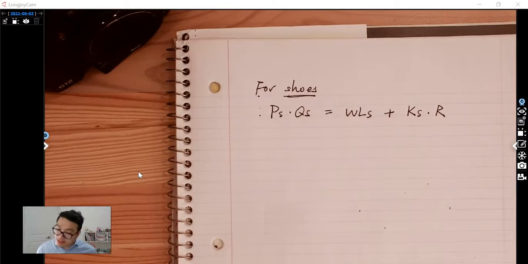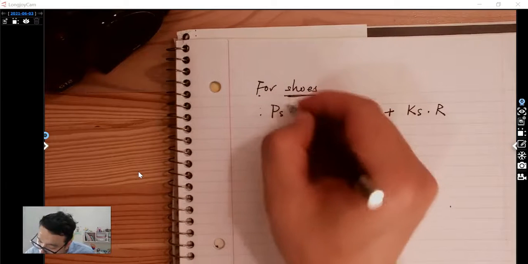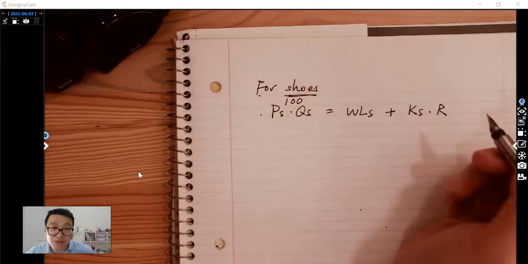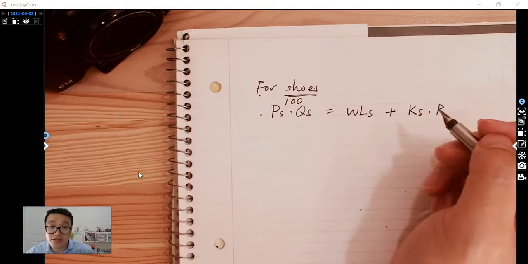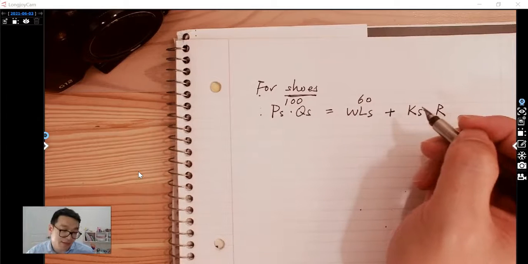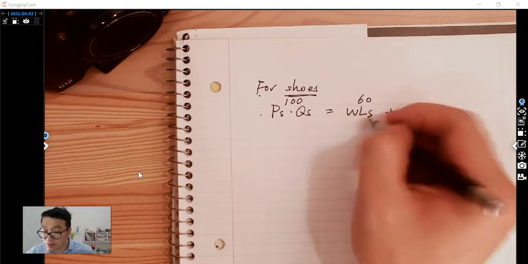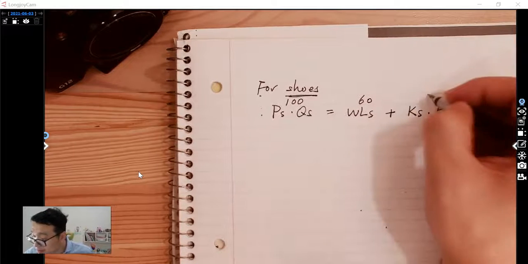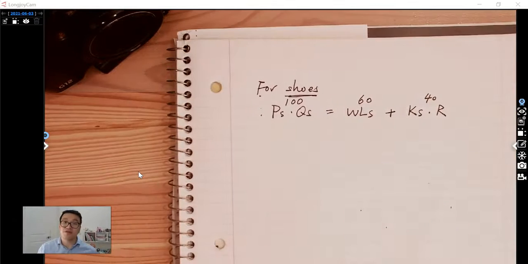You may notice that the total revenue for shoes is 100, and the total payment to labor is 60. So the shoes industry is a labor intensive industry, so the payment to labor is higher, and the payment to capital is lower, 40.